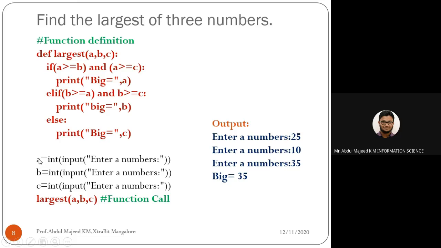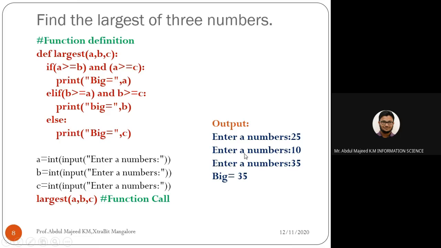First we need three numbers. Let's say a, b, c are the three numbers. We need to take the values from the user, so we write int(input("Enter a number")). The user will type a number, for example 25, so 25 will be assigned to a. Then b = int(input("Enter a number")).